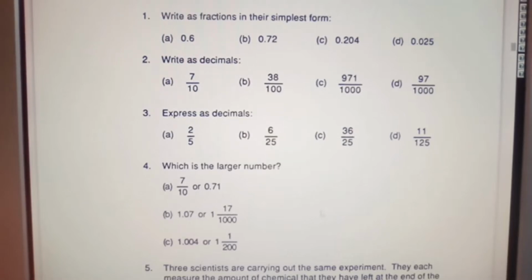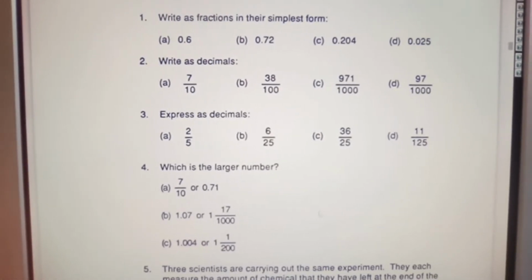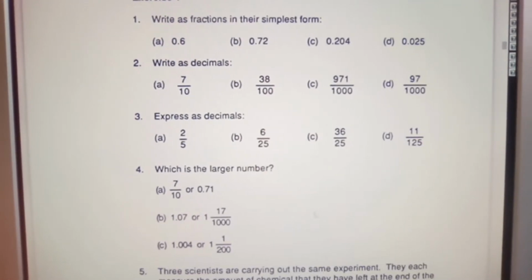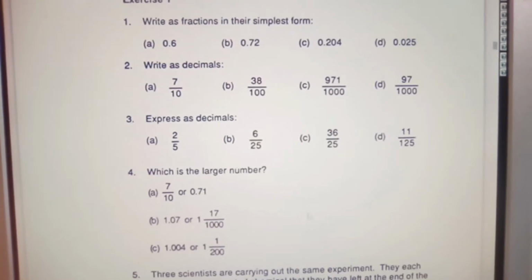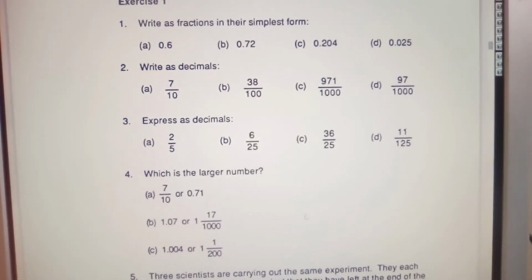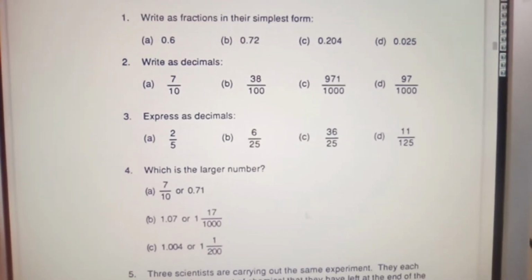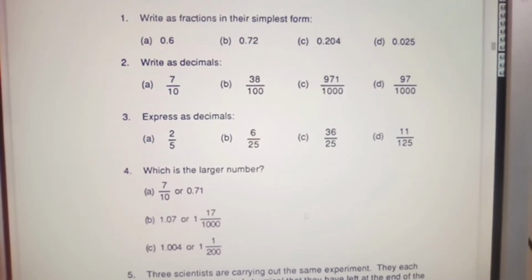Now you're wondering what's the difference between write as decimals and express as decimals. When you're asked to write as decimals, you're simply looking to put in the answer.